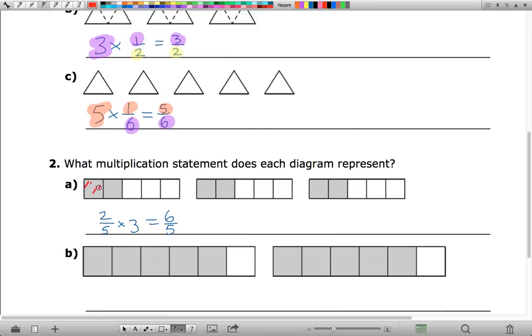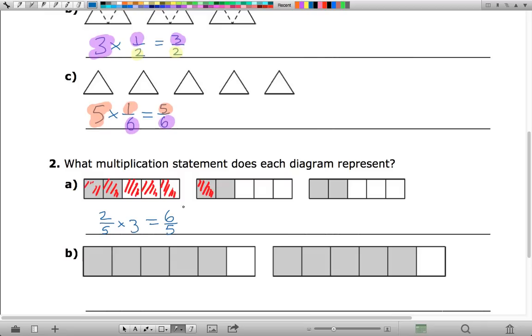So we've got our 2/5. Now if we start putting another 2/5 here, another 2/5 there, and then 2 more fifths, you can see that that 6th one goes into the next whole.